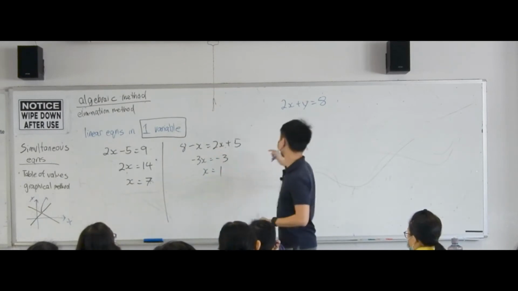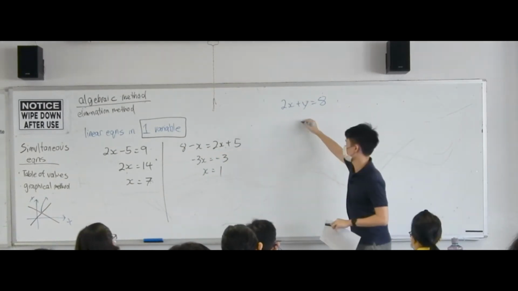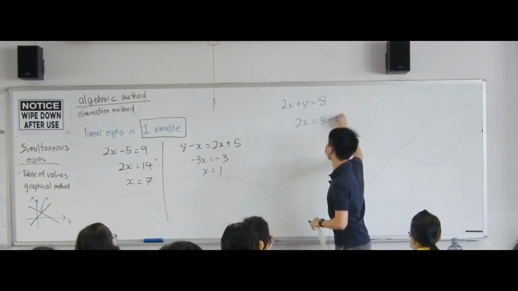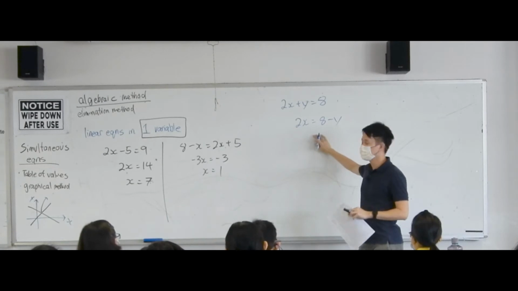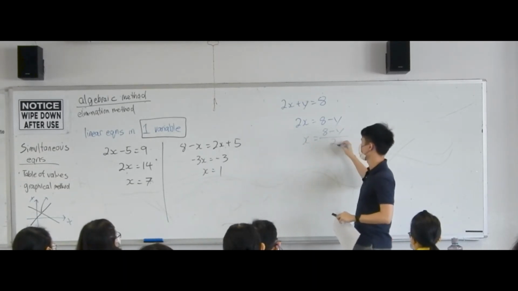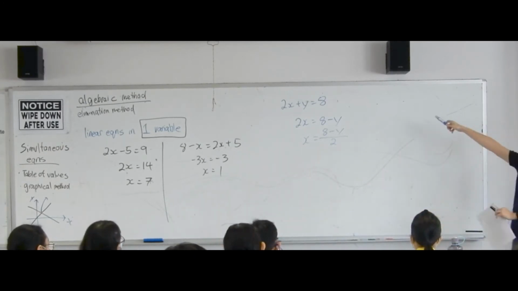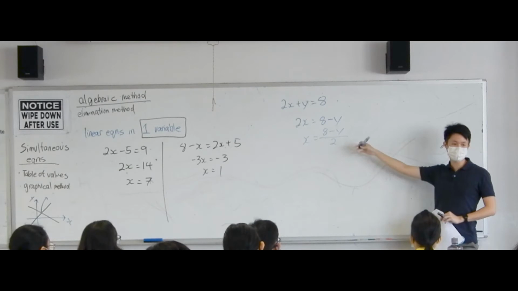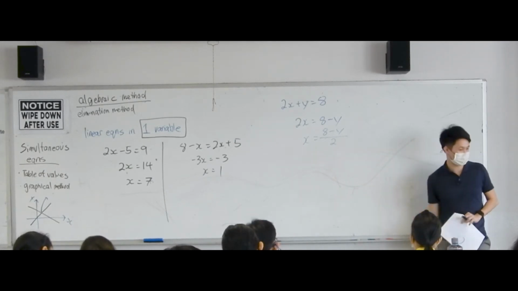What's your next step from here? 2x equals 8 minus y. Next. Then start, right? I'll help you expand a bit. You will try this. But the problem here is, is this a solution for this? No. Actually, it is. But you don't know the exact solution because of this variable y.